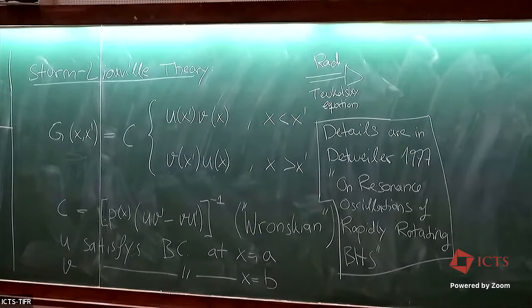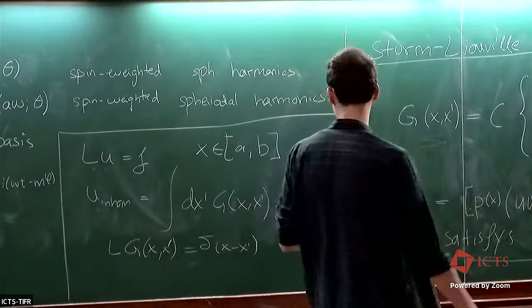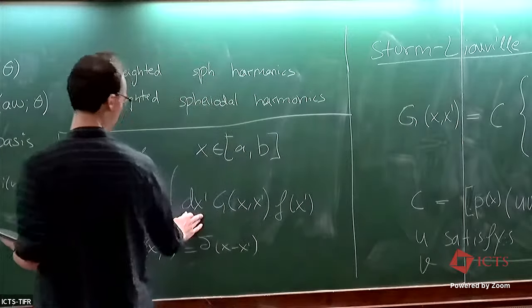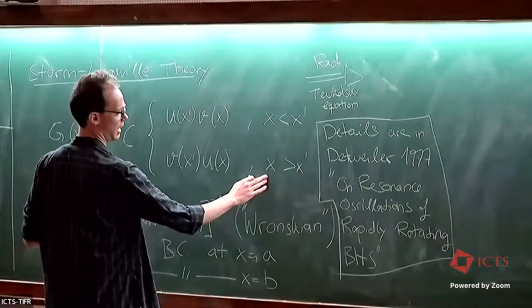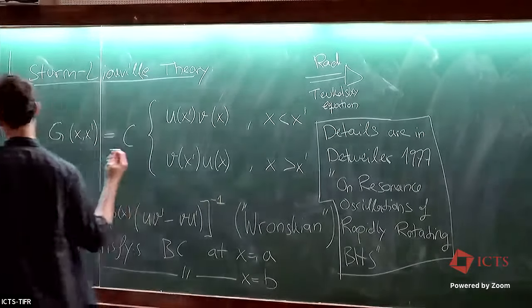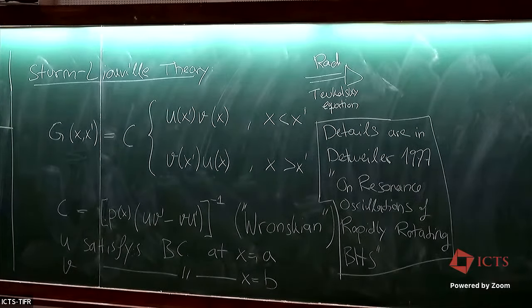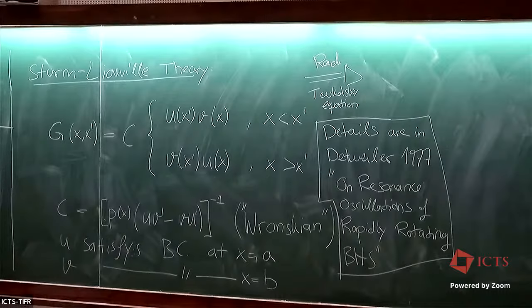And then that's multiplied by the source term. Okay? And so we need to do the integral over all of X prime. So we need to have an integral that goes from A to X, and then from X to B. Okay?